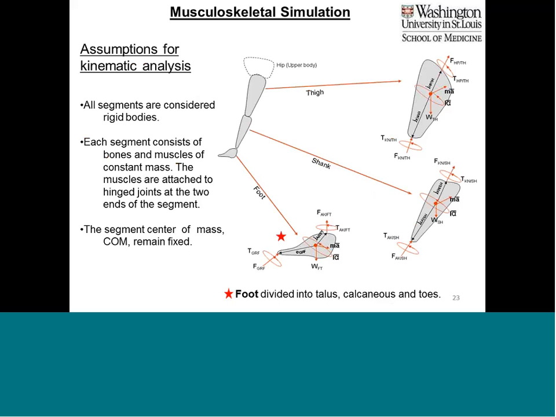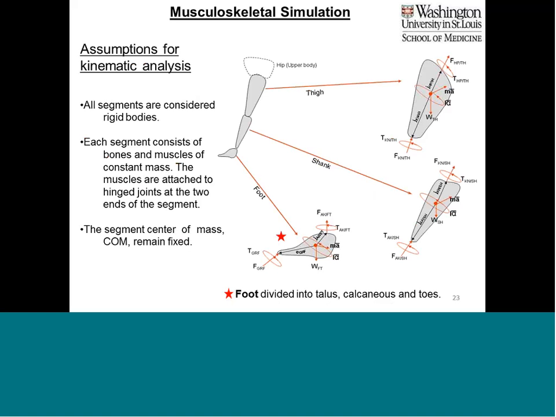The basic assumptions are that all segments are rigid bodies with constant mass. The bones and muscles don't change in mass. The muscles are attached to hinge joints at the two ends of the segment, and the center of mass remains fixed for the entire duration of the simulation.